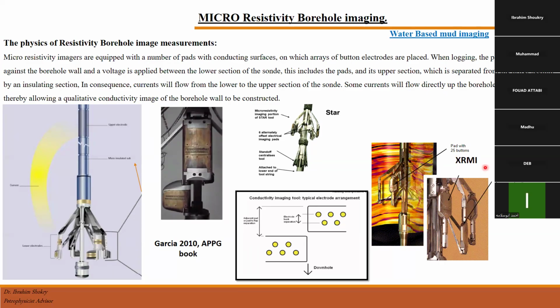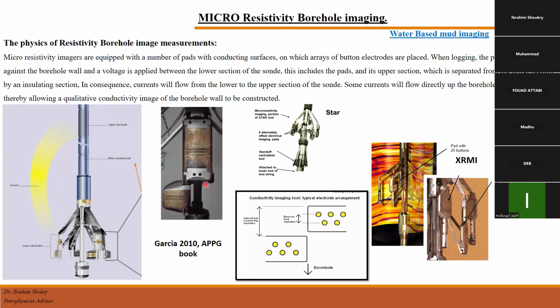So it is a very high density data rate in order to display an image in this case.